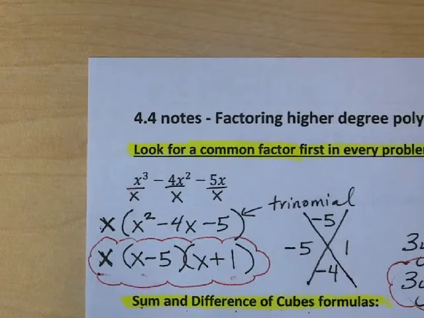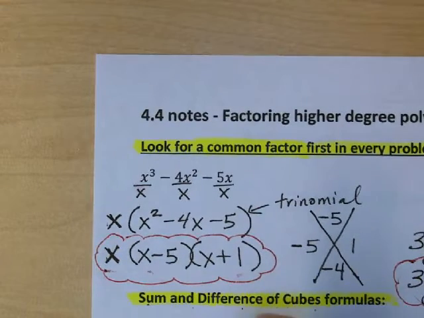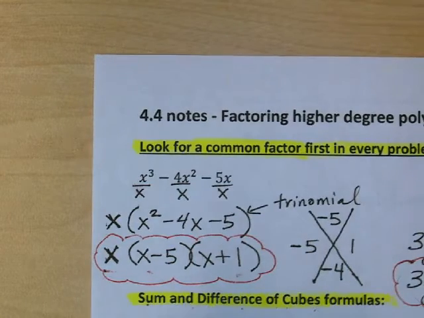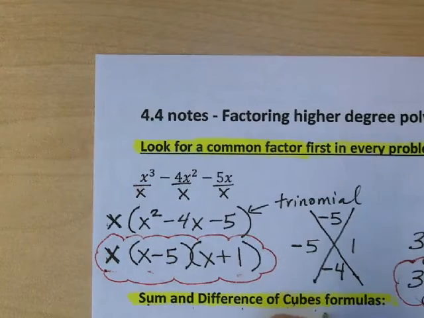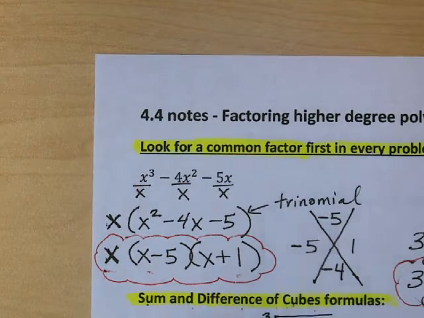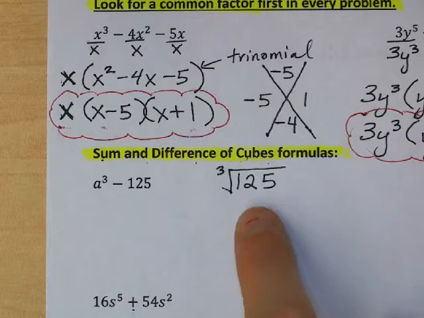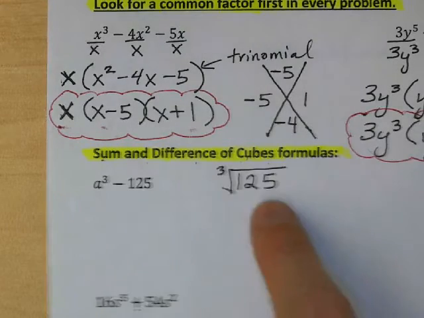It's really not that bad. If you look at the number 125, third power is called cubed. So you're trying to figure out what number to the third power makes 125. You can take the cube root of 125.